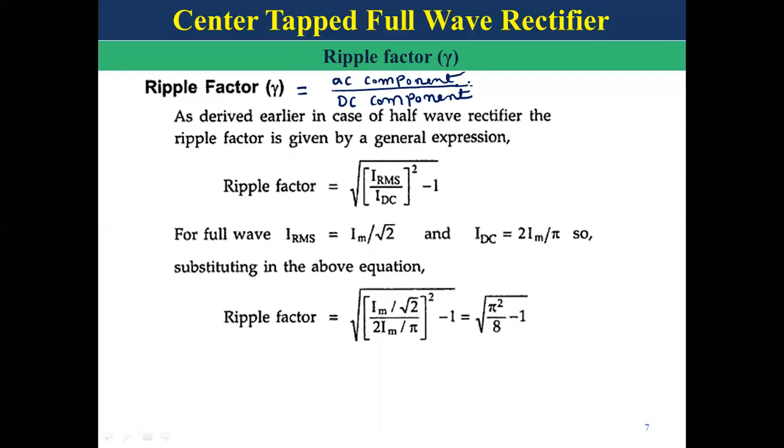And we already derived the general expression for ripple factor in the half wave rectifier, which is given as the square root of (IRMS by IDC) whole square minus 1.